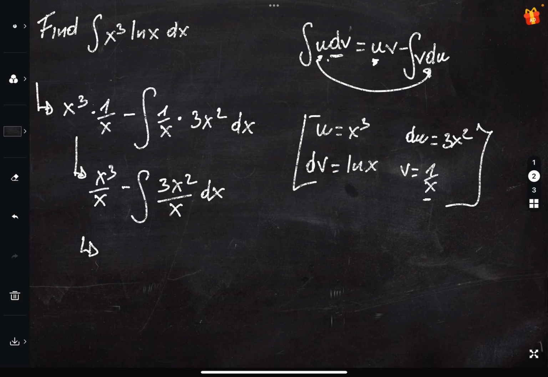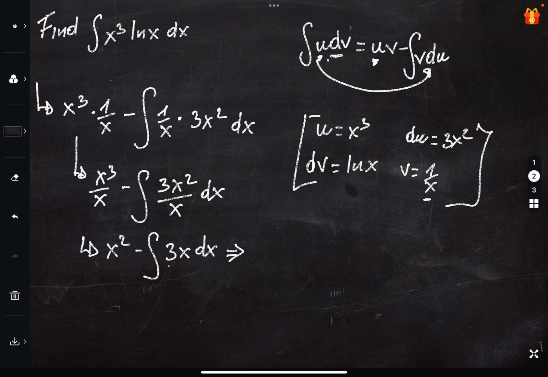Simplifying, I end up with x squared minus the integral of 3x dx. This is easier to work with.